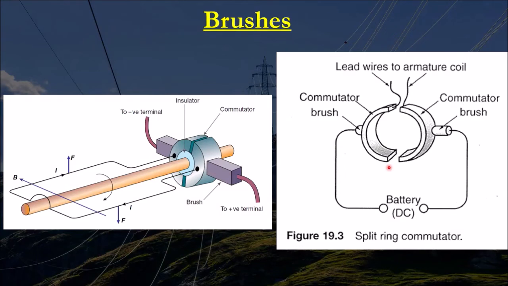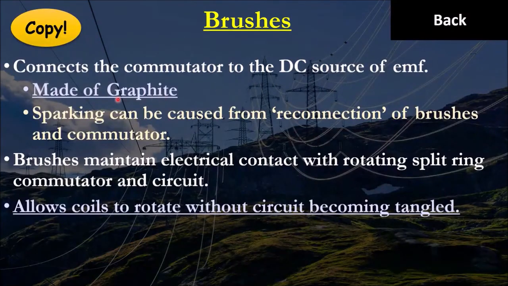So when the commutator is rotating, it makes contact and just touches the brushes as it rotates around. Obviously you need some kind of conducting material. They use graphite for brushes, and they connect the DC source from the power pack to the commutator.